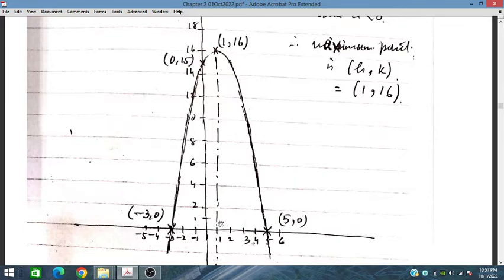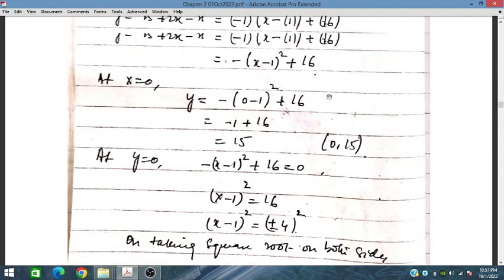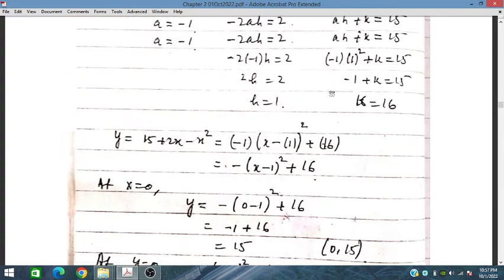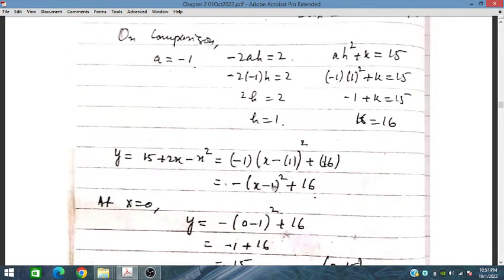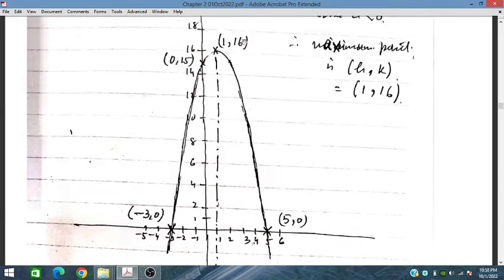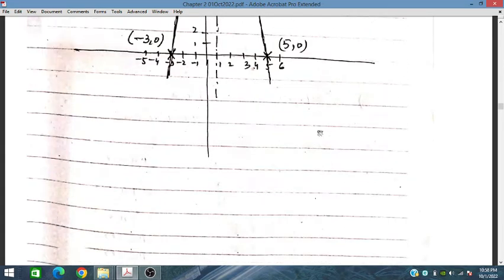So this is the mid distance between these two points, and here at this point h, k, which is 1, 16, this is 1 and this is 16. So this is a maximum point because a is less than 0.